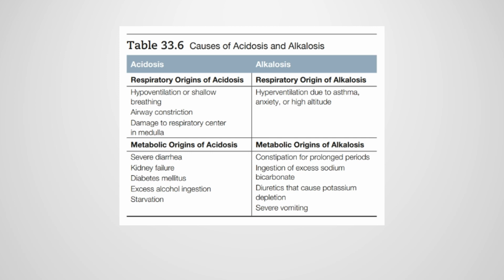Okay, let's look at metabolic origins of acid. So this means that the cause is within the body and not caused by the lungs. So it's everything else except the lungs that is causing the metabolic acidosis or metabolic alkalosis.